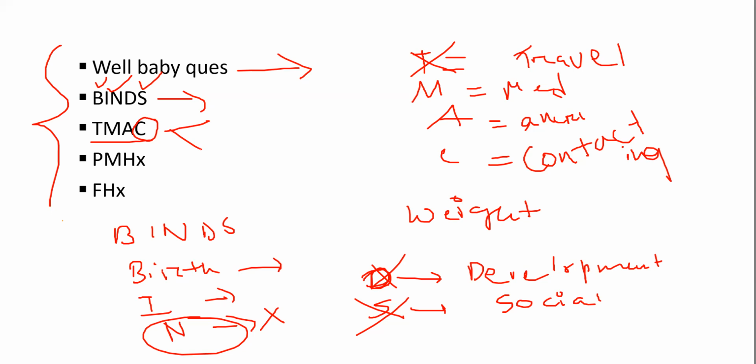So home and childcare contact is very important in here. So ask about it in this case. And lastly, finish with past medical history and family history. Okay. So it seems like a lot of questions, but if you know how to ask relevant questions, then it's not very hard. Okay.